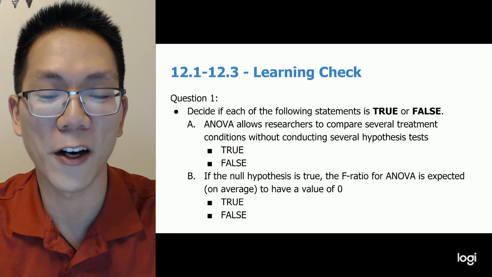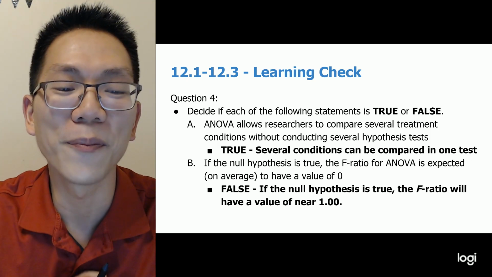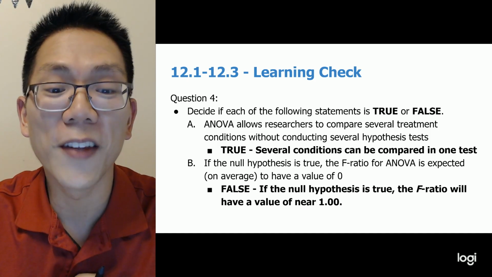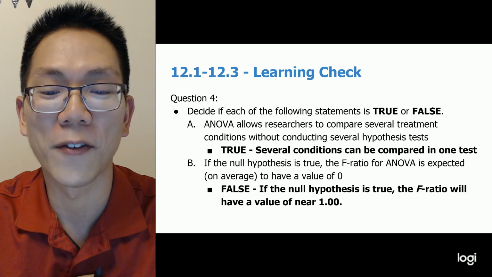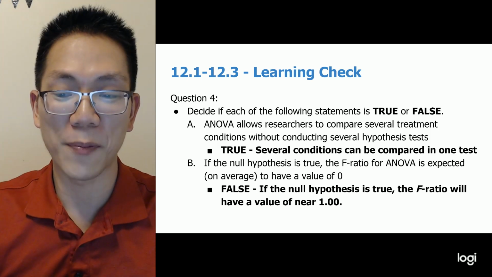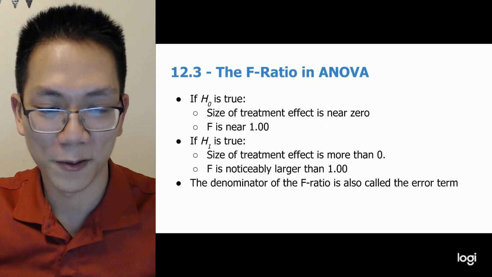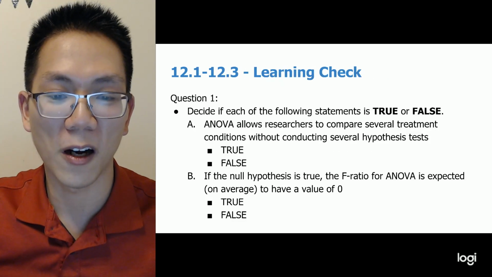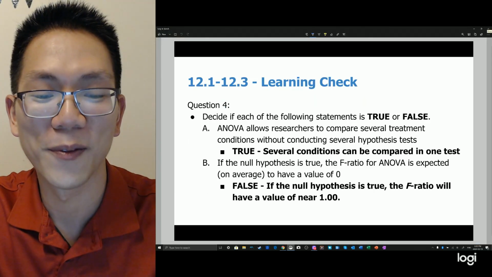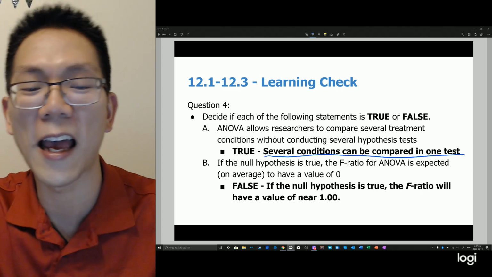Okay, here we go. Well, for the first one, it's true. ANOVA does allow researchers to compare several treatment conditions at once without doing multiple hypothesis tests. That's the reason we have it. One moment. Aha. We're back. Okay. I forgot to do the pen writing. So yes, it lets us do several conditions at once.